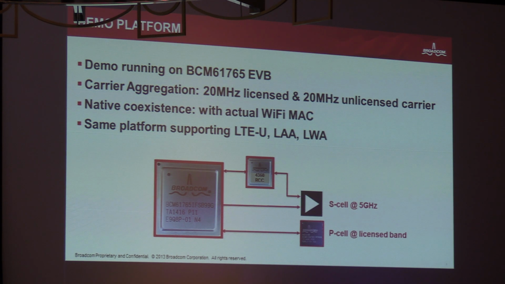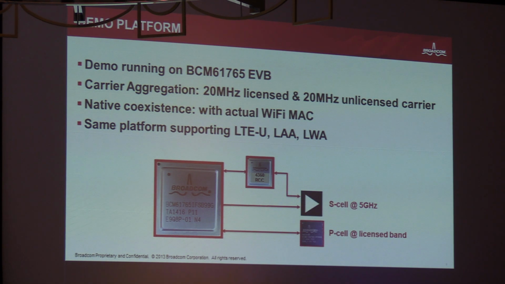We're using a Broadcom Wi-Fi device that's controlled by the 61765 CPU. So we're not using the Wi-Fi device for data transmission and reception. We're just controlling that for its MAC part.